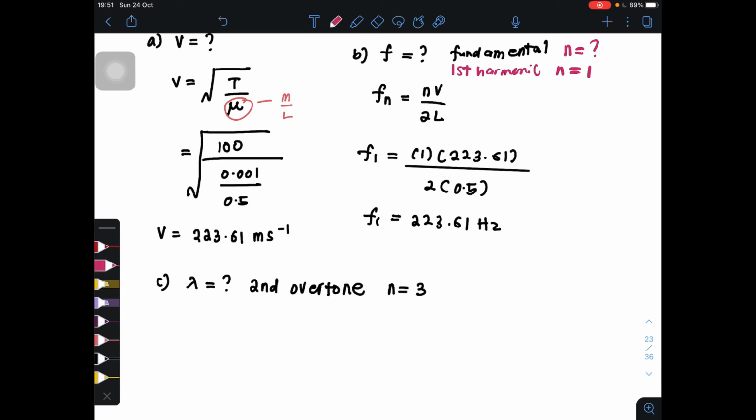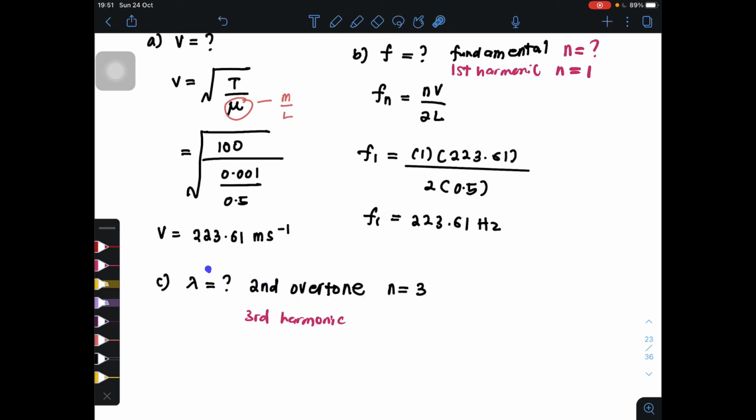So, second overtone ni adalah sama dengan third harmonic. Okay, that's why kamu kena sentiasa berhati-hati nama yang digunakan dalam soalan. So, ada sesetengah soalan kita gunakan third harmonic, gunakan harmonic. Sesetengah lagi gunakan overtone. So, apabila overtone, okay, N tu 2 dekat sini kena tambah 1 lah.